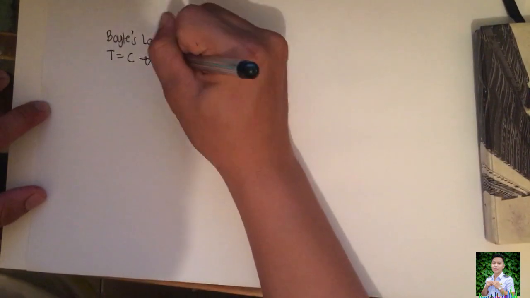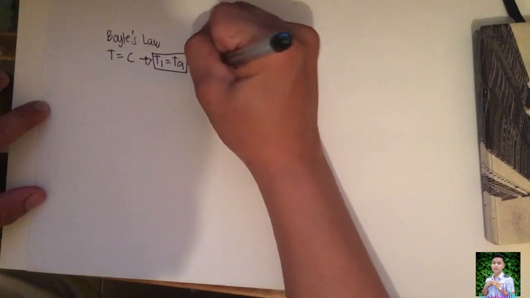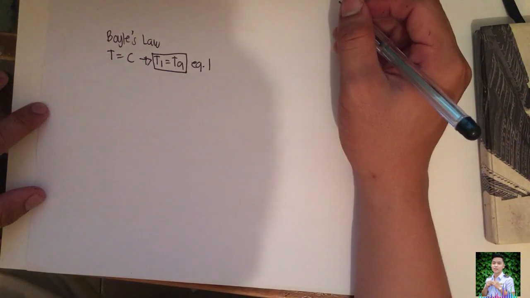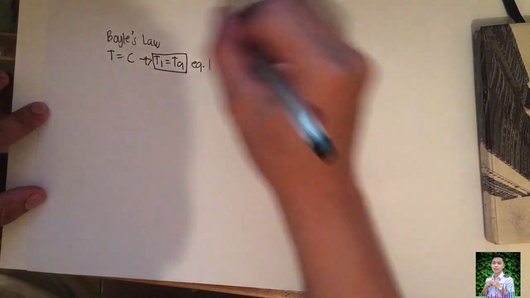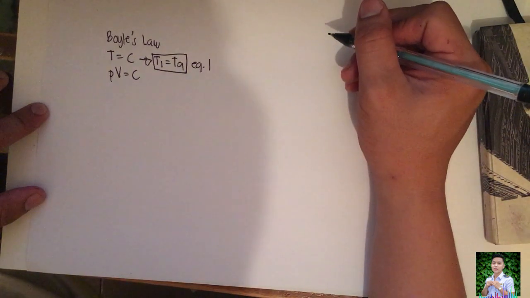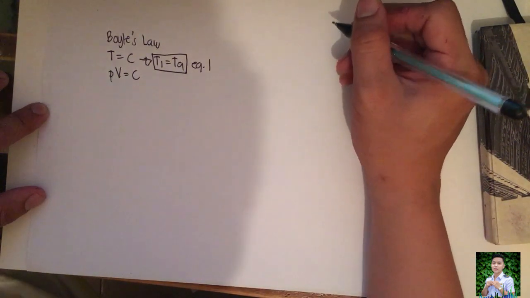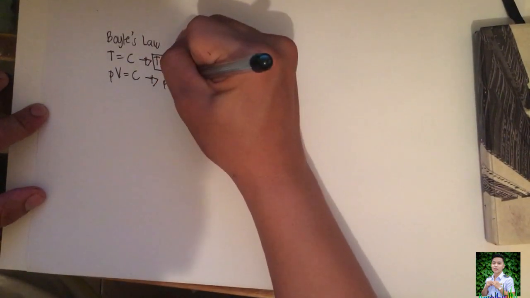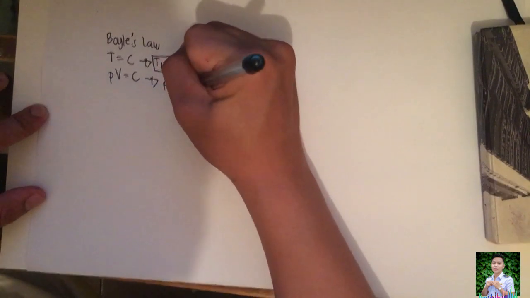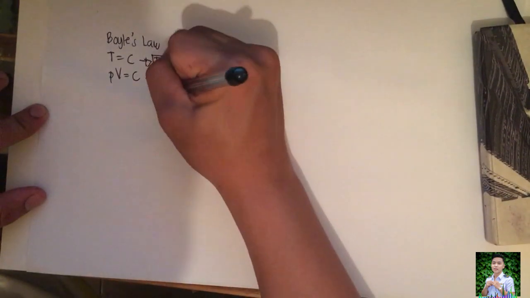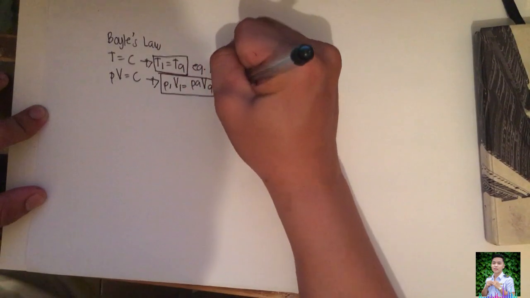And this will be our equation number 1. And Boyle's law also states that PV is equal to C. That means P1 V1 is equal to PA VA. And this will be our second equation.